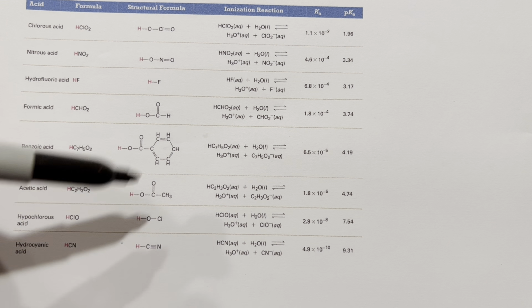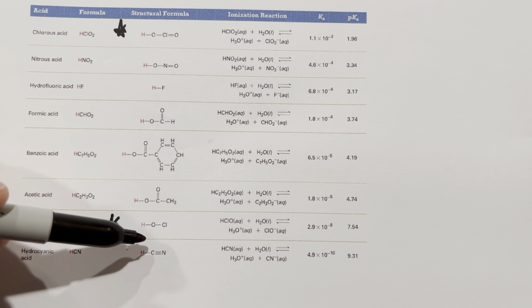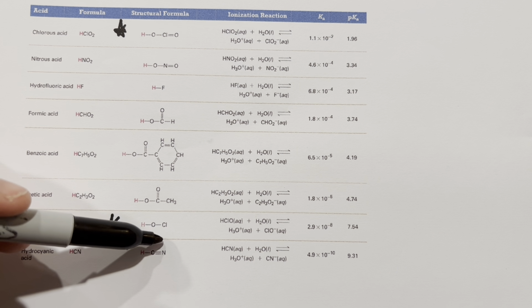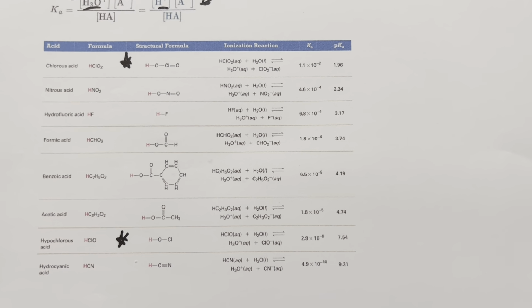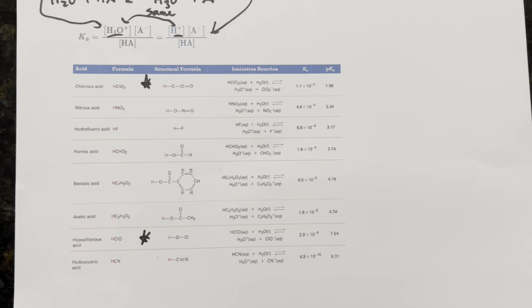For example, we looked at these two things, the chlorous acid and the hypochlorous acid, and we already discussed that if we have an H and an O bonded to a lot of electronegative things, it's going to be a stronger acid. So here we have an H and an O bonded to one electronegative thing. And up here we have an H and an O, and it's bonded to two electronegative things. So we should expect that this acid is stronger, and that's exactly what we find.